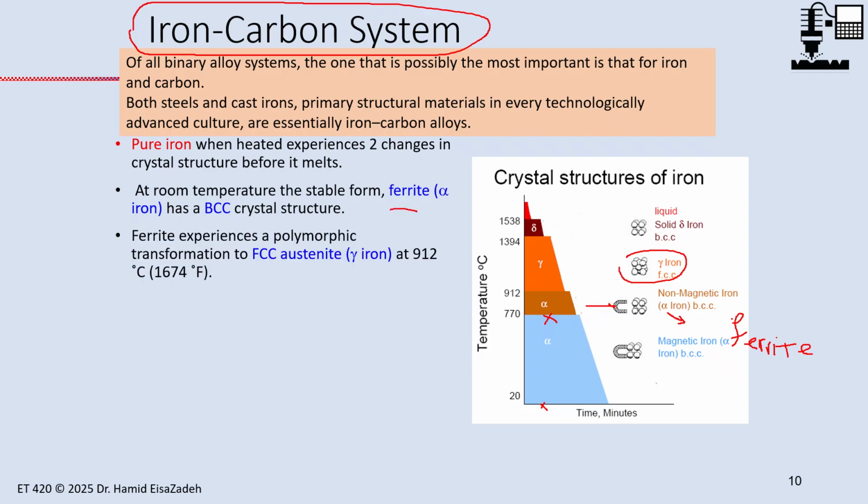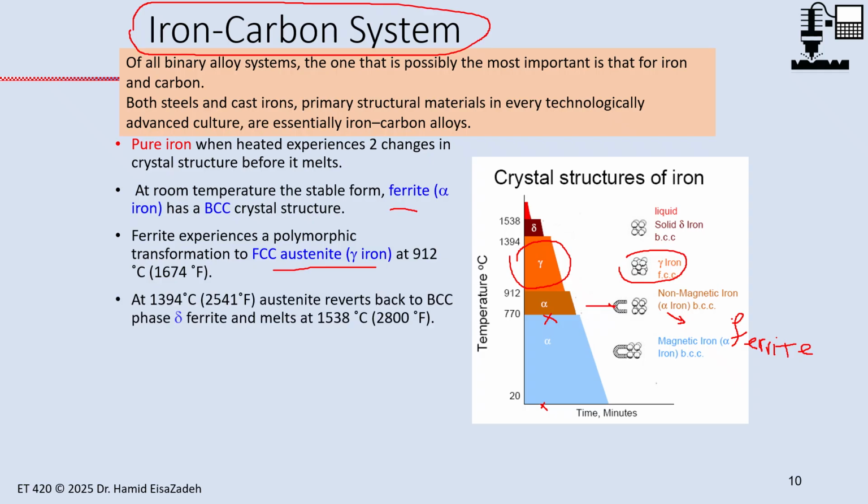And then we have austenite. Gamma iron is also called austenite, FCC. All of them refer to this iron: gamma, austenite, FCC iron.